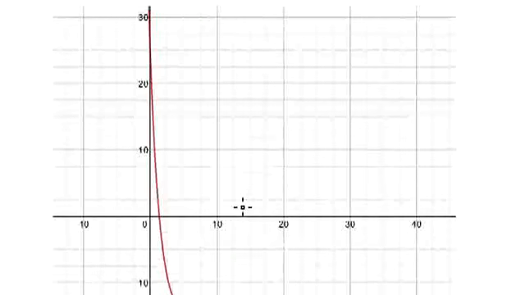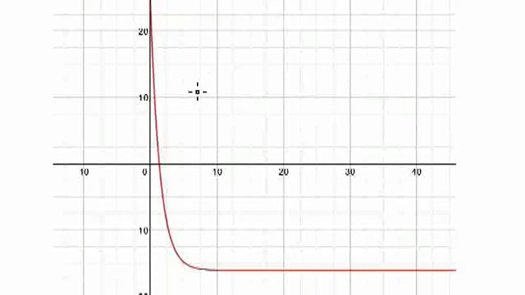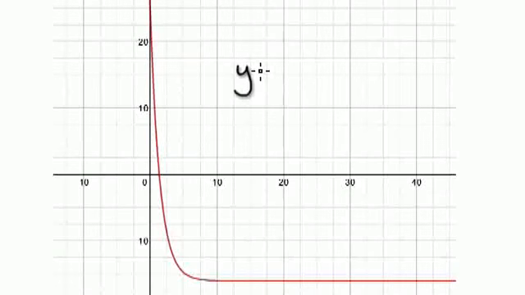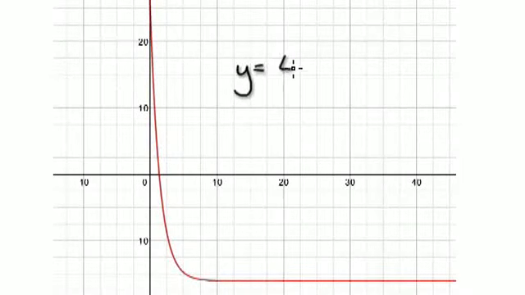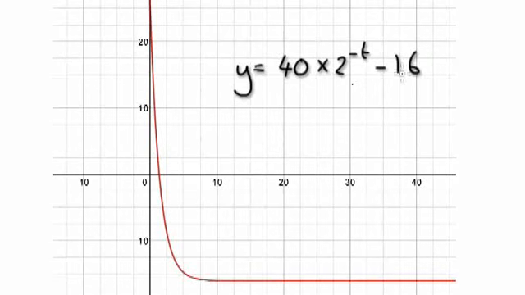Okay. The actual graph will look like this. If you try and plot the actual graph of that equation, it was y equals 40 times 2 to the power of minus t minus 16. See, the graph will look like this.